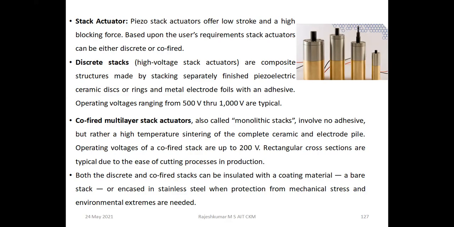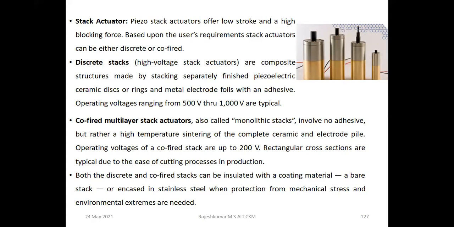One more thing: both the discrete and the co-fired stacks can be insulated with the help of a coating material. That coating material is considered when we require a particular operation. In the case of a bare stack, it is encased in stainless steel when protection from mechanical stresses and environmental extremes is needed.